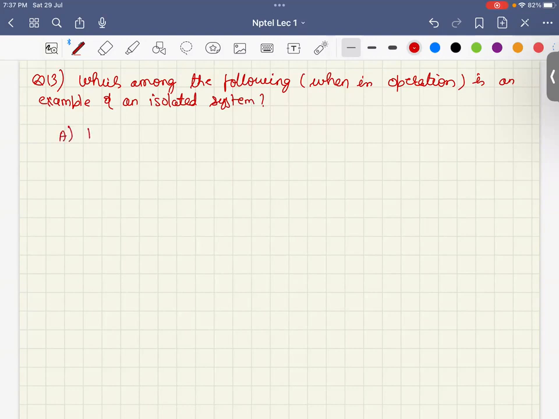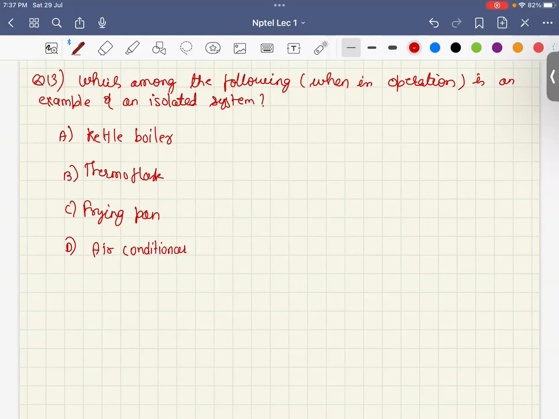Option A, heater; B, boiler; C, thermoflask; D, frying pan; and E, air conditioner. Right? So I'll give you a couple of minutes to think.